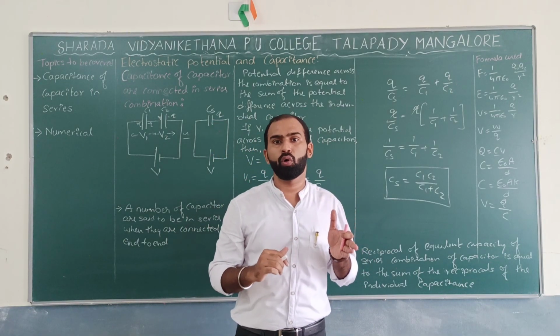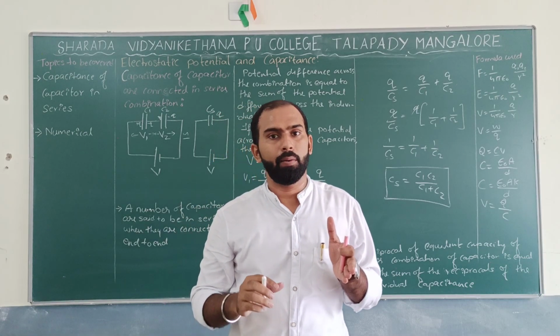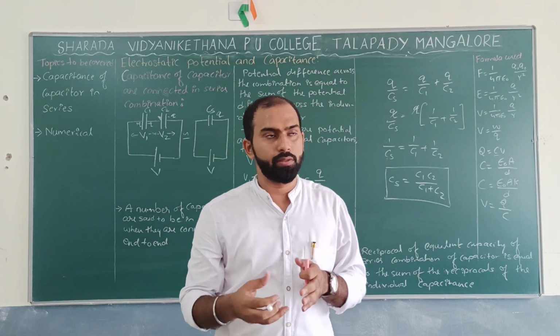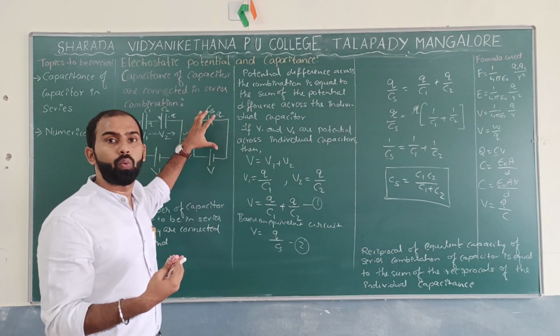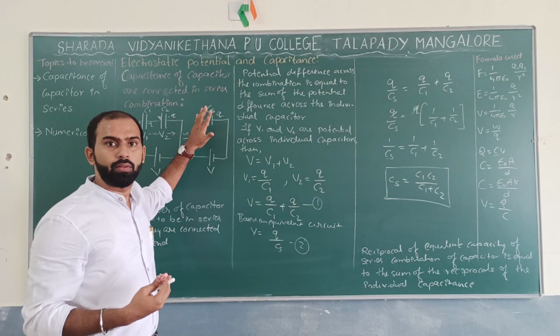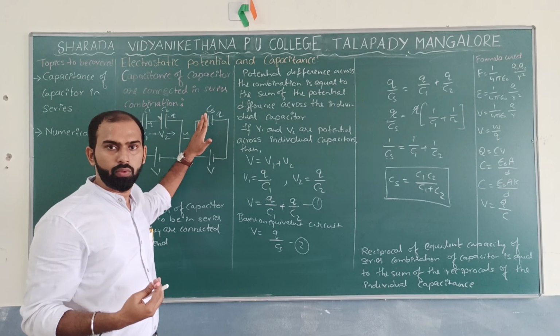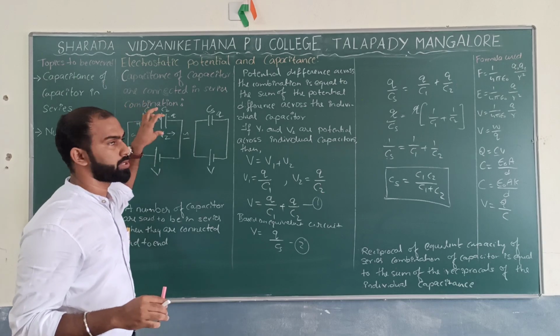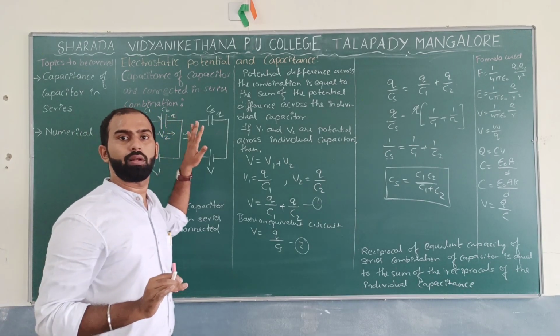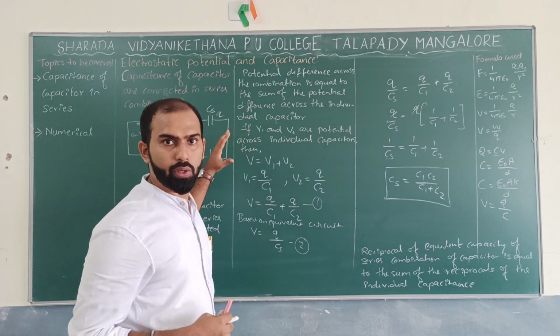And one more thing we have to note down here is that the equivalent capacitance value we will get is smaller than the smallest capacitance value in the combination. While solving a numerical, you will get to know what I said just now.